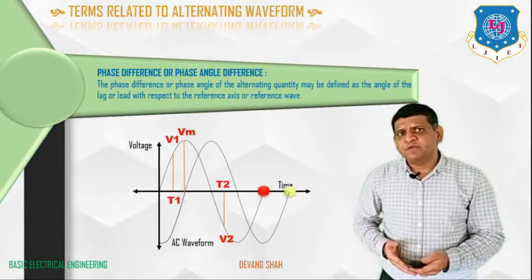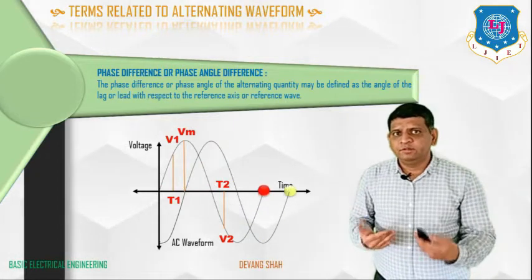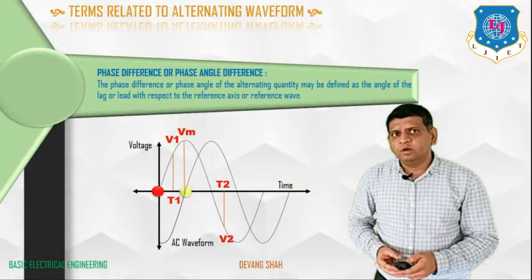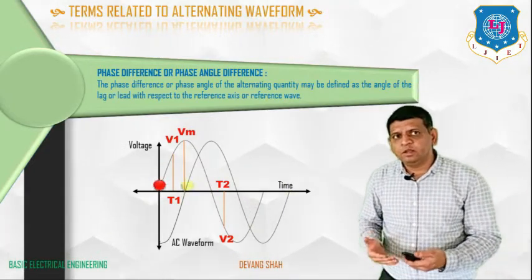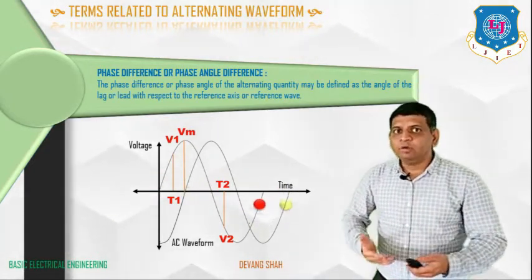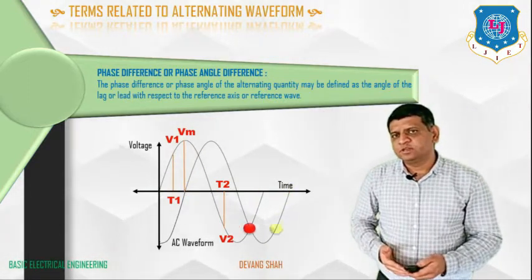In the same way, the phase difference or phase angle difference of the alternating quantity may be defined as the angle of lag or lead with respect to the reference axis or a reference wave, right?